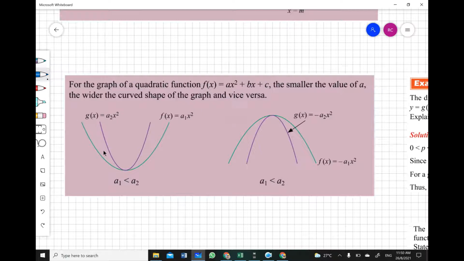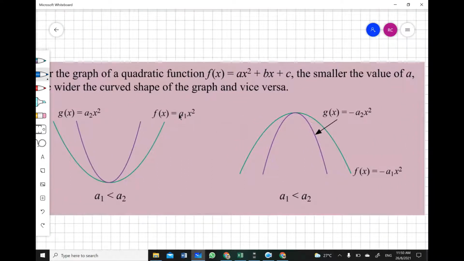If you look at this graph, when the curve is wider, the value of a will be smaller. So looking at a1, it is wider, so for sure the value of a1 is smaller than the value of a2. The same thing applies to a negative graph: the wider the graph, the smaller the value of a1 than a2.